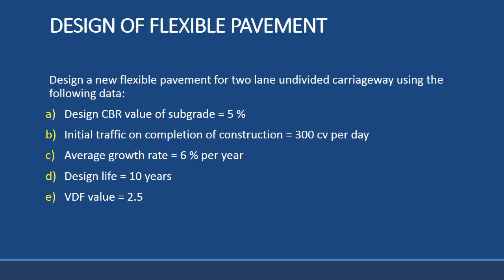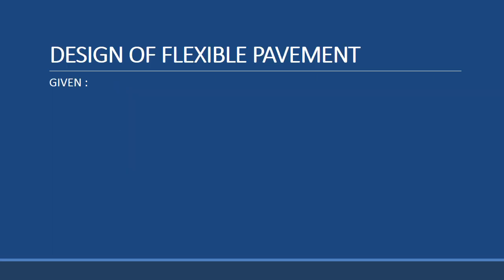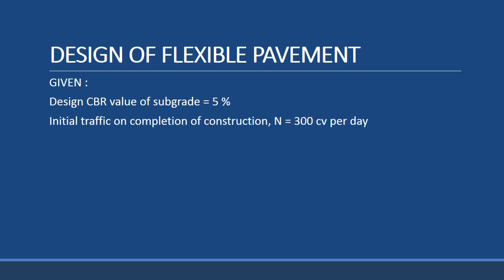First, let's see the steps that we are going to follow for designing this new flexible pavement. In the given data, the CBR value of the subgrade is 5%. The initial traffic on completion of the construction of the road is capital N. The average growth rate, small r, is 6% or 0.06.